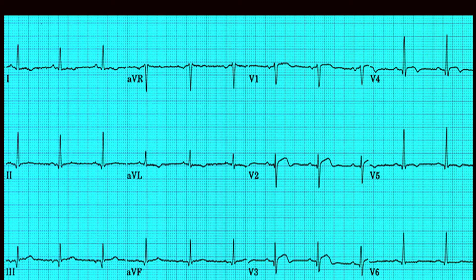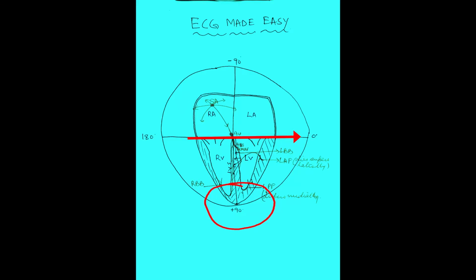Then look in lead AVF. AVF is also positive, there is no S wave. So lead 1 you plot at 0 degree, and AVF you plot at plus 90 degree. Recall that circle, and positive pole of lead 1 is at 0 degree, and the positive pole of AVF is at plus 90 degree. So it is a normal quadrant in which the axis is lying.